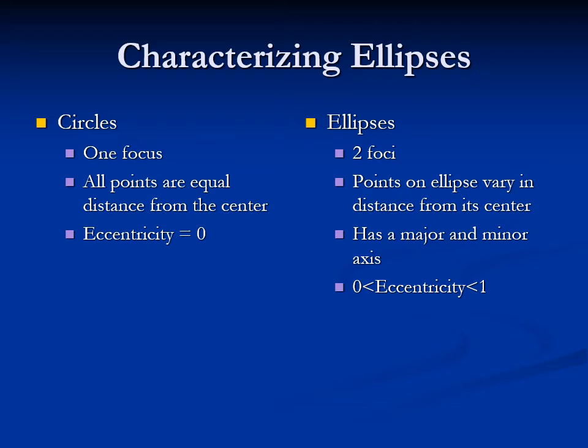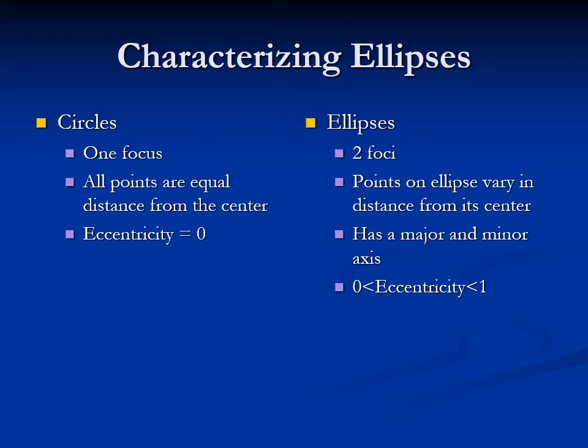That will be a perfect circle. That thumbtack is also called a focus. A circle has only one focus. There's only one point from which the circle is drawn. And every other point on the edge of that circle is equal distance from that thumbtack.